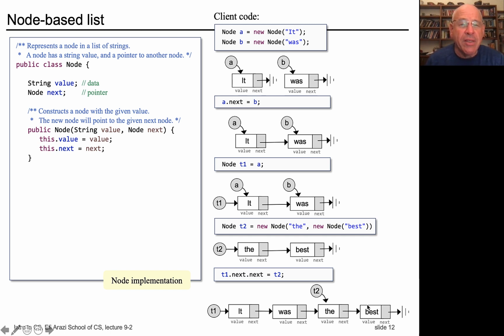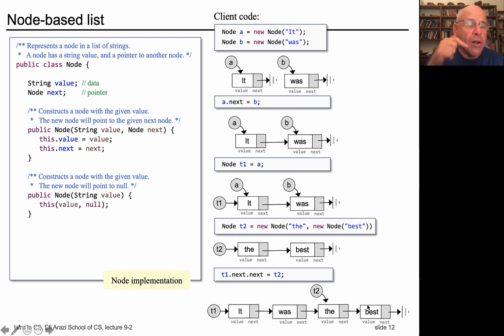All right, what about the second constructor? The second constructor gets only a value, right? So what we want to do is create a node that has a null next. And we can do it if we call the first constructor and pass to it the two parameters value and null.